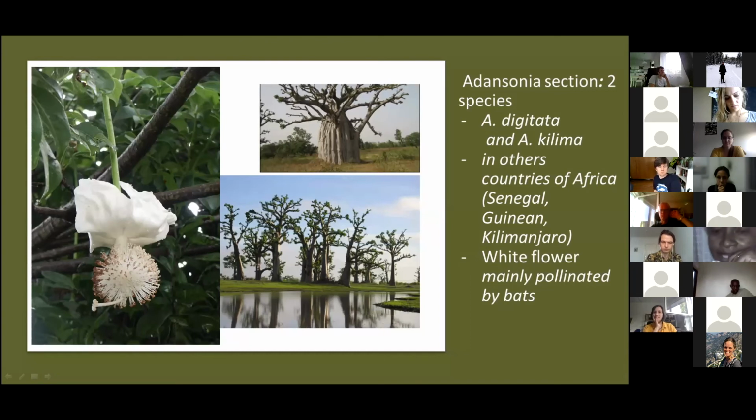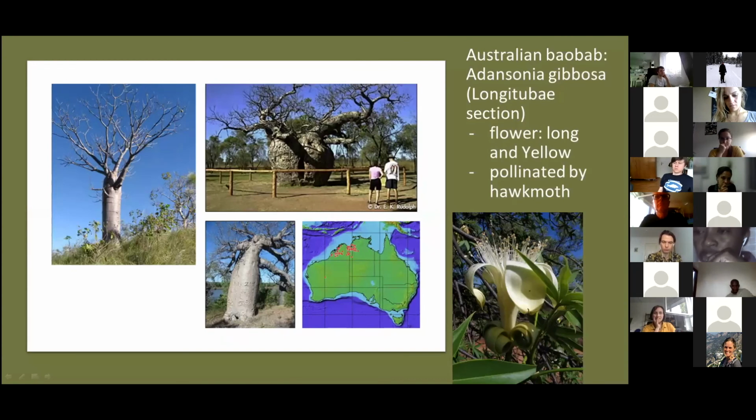The main characteristic of this section is that it has a white flower, a pendant flower, mainly pollinated by bats. For the Australian baobab, it's only 1 species in Australia, and it's Adansonia gibbosa, belonging to the Longitube section.